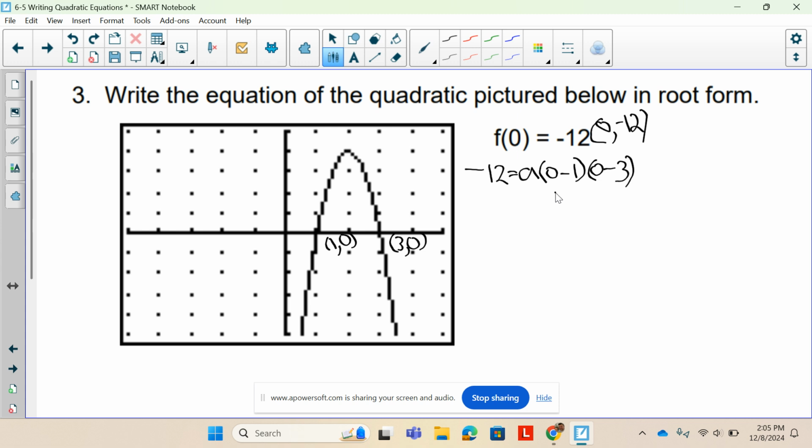So that gives me a -1, a -3, all that times a equals -12.